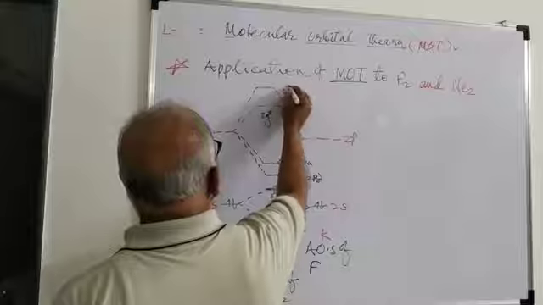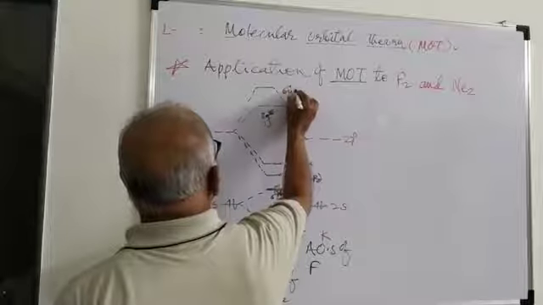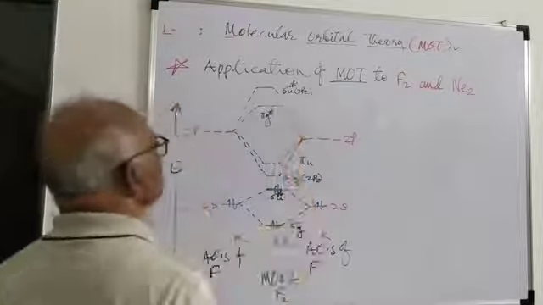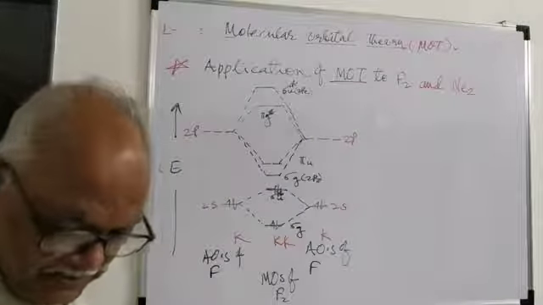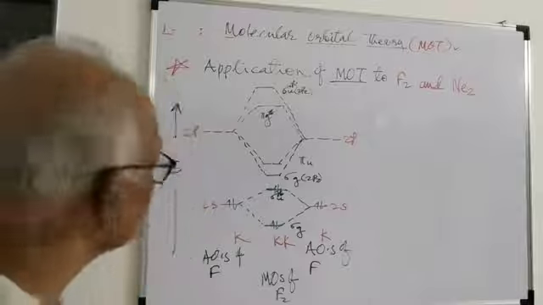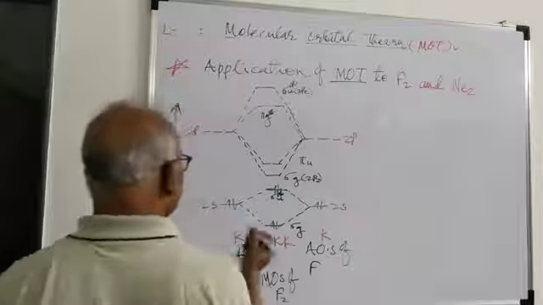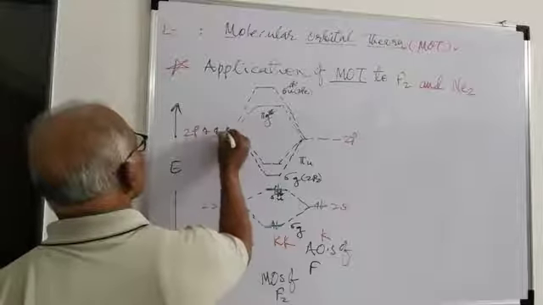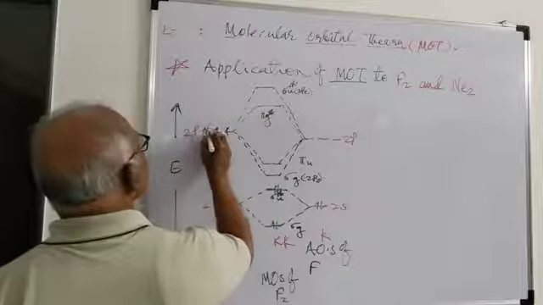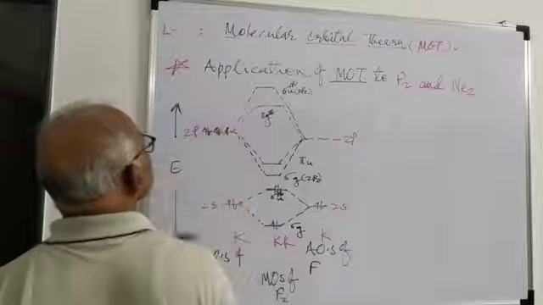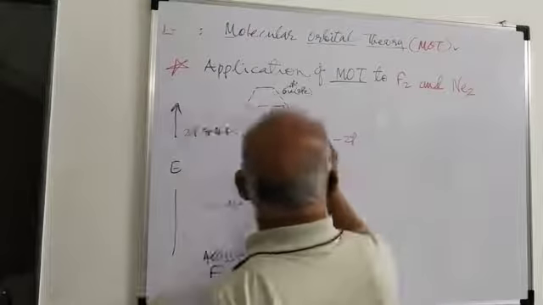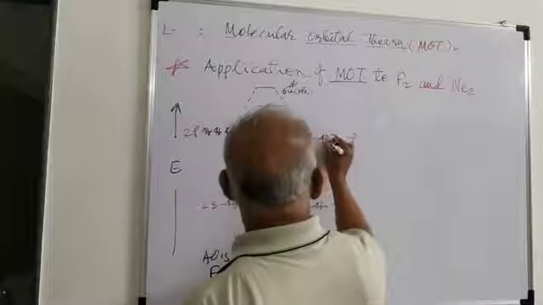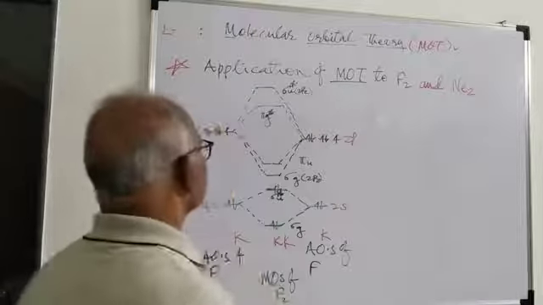sigma u 2pz star molecular orbitals. Now in case of fluorine, we have 2 plus 5 electrons, and there are also such 5 electrons.